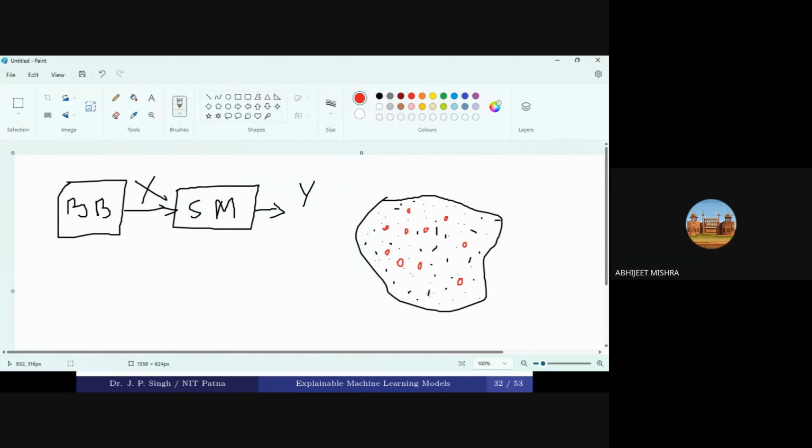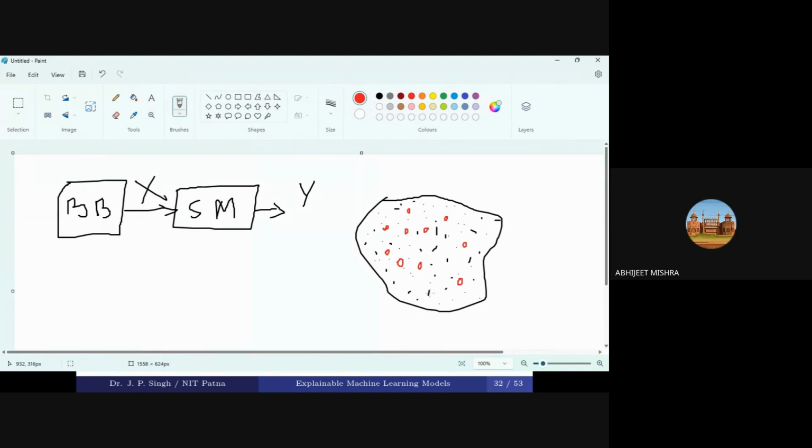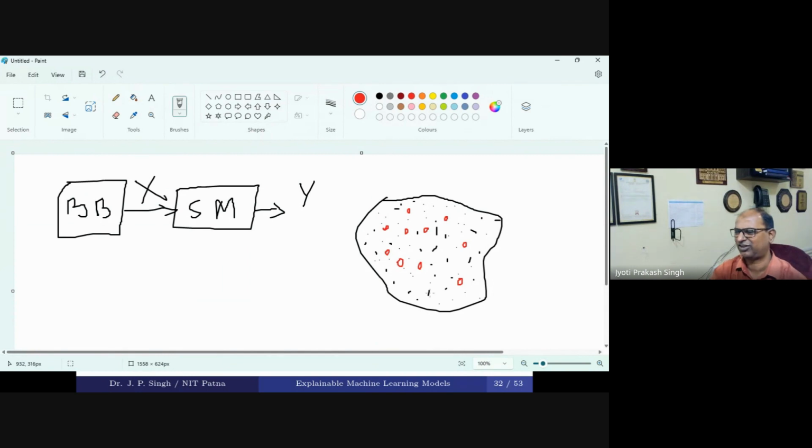Adding noise. Yes, we can add noise. But noise is not a very good idea by itself. It has to be put into that distribution only. So the noise has to be created from that distribution.